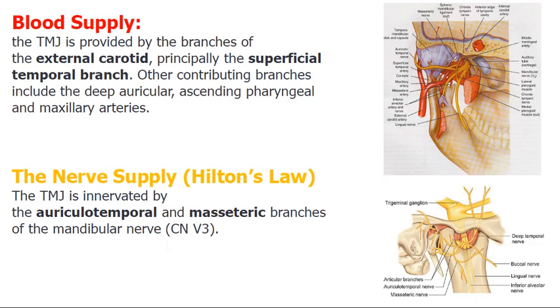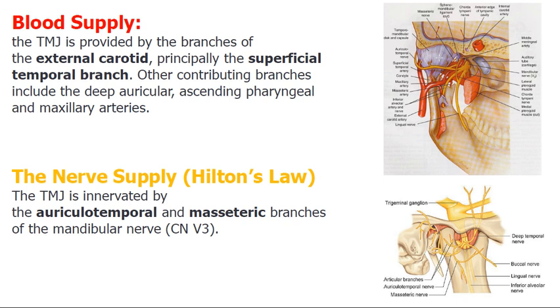We reach the blood supply and nerve supply of the joint. Actually, it is a vascularized joint, mainly by branches of the external carotid, particularly the superficial temporal artery here in the picture. It will give twigs to the nutrient artery, to the bones, to the capsule, and to the intra-articular structures.